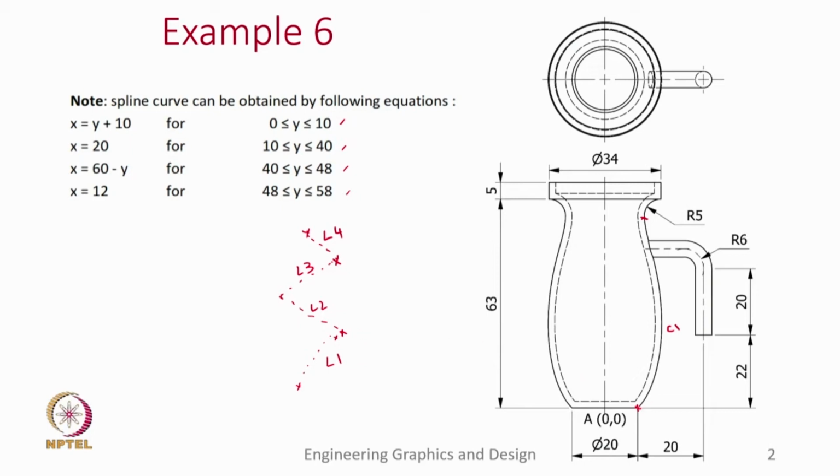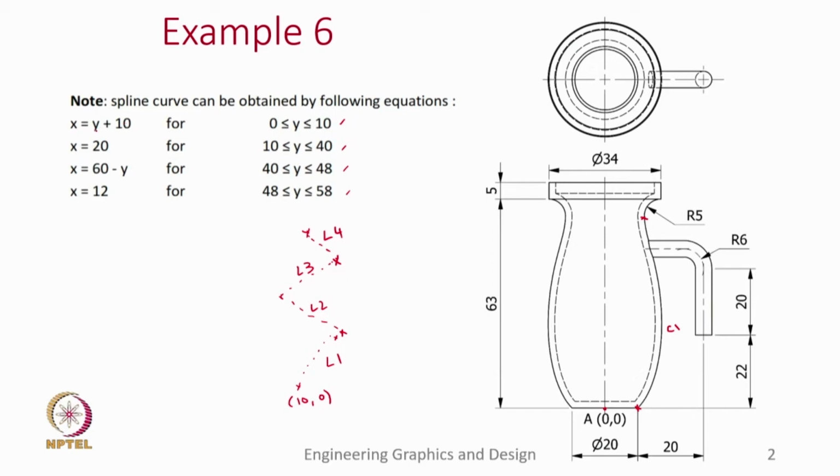So, this point is given by what? We know that this point is the origin, 0 0. Since the diameter is given as 20, this point should be x is 10 and y is 0. What about the end point of line L1? It can be found through this equation, where x is equal to y plus 10.